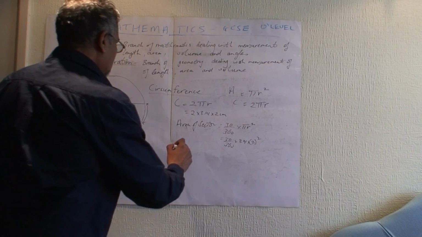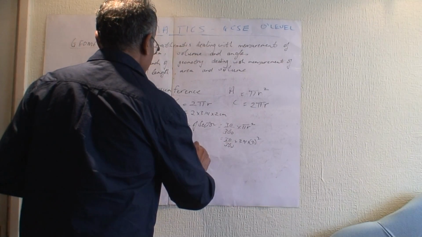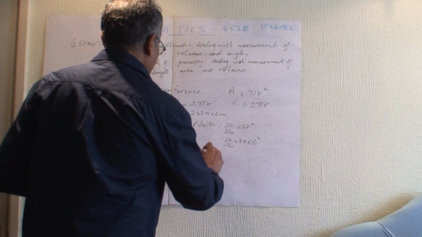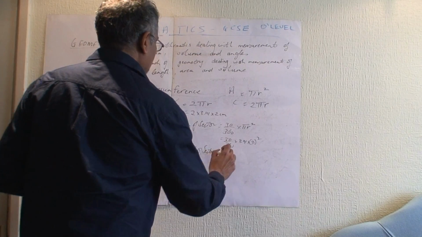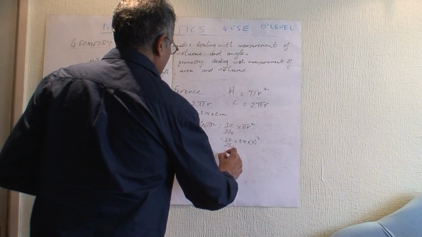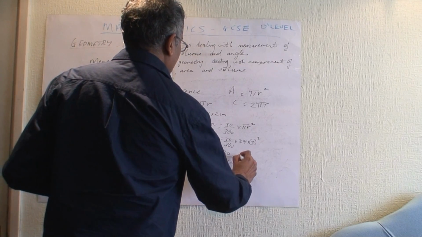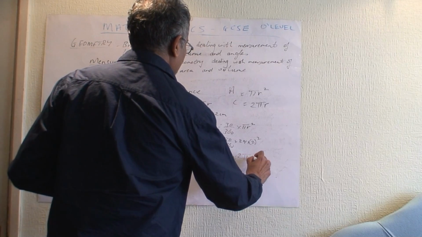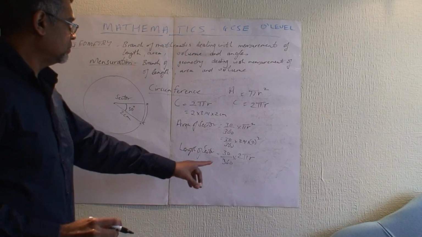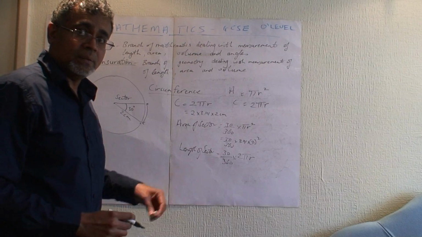So the length of the sector would be 30 over 360 multiplied by 2 pi r. That is how we find it.